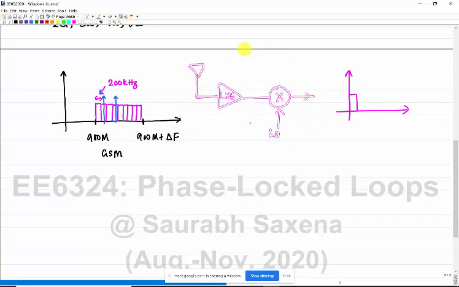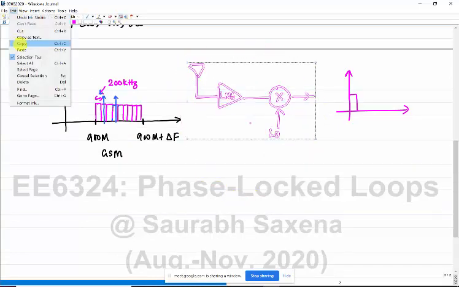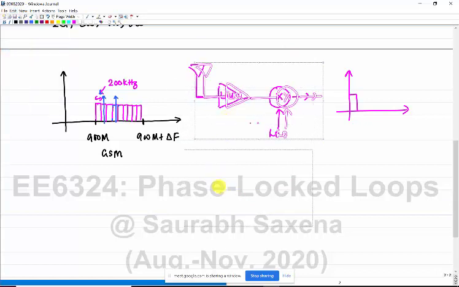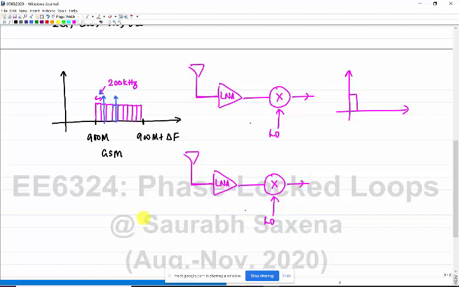Let us call them user A and user B, and let us say both of them are roughly at the same place. Because the two users A and B are very close by, they are both getting the same signals.